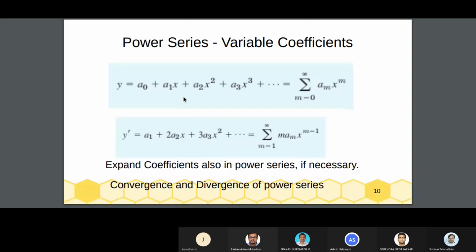And then collect all the terms of x at one point, all the terms of x square at one point, x cube terms at one point, and equate each of them to 0 and find out what are these a0, a1, a2, etc. So the crux of the problem reduces to finding out all these power series coefficients from the differential equation. Whether the series converges and all is an interesting problem in mathematics.